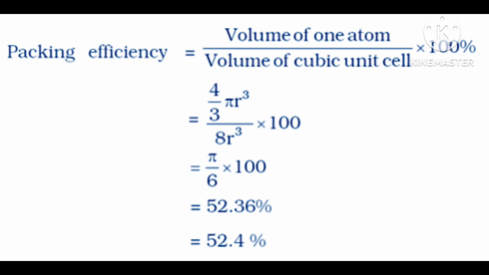Thus we may conclude that CCP and HCP structures have maximum packing efficiency, that means 74%. This question is asked in every examination, medical, engineering, and other exams also. Okay, these 3 I have discussed.